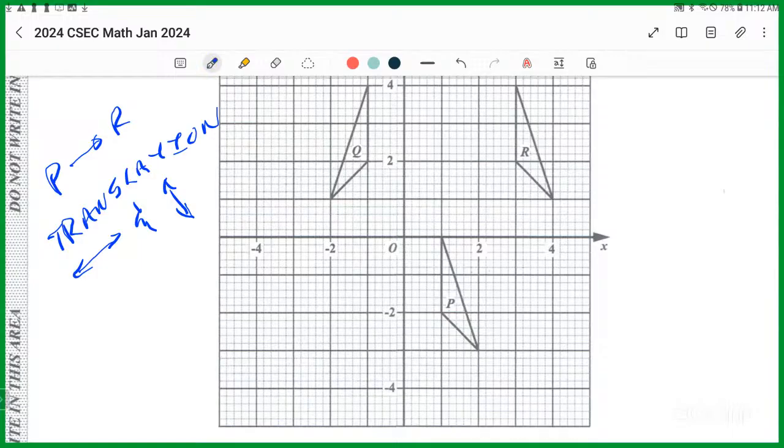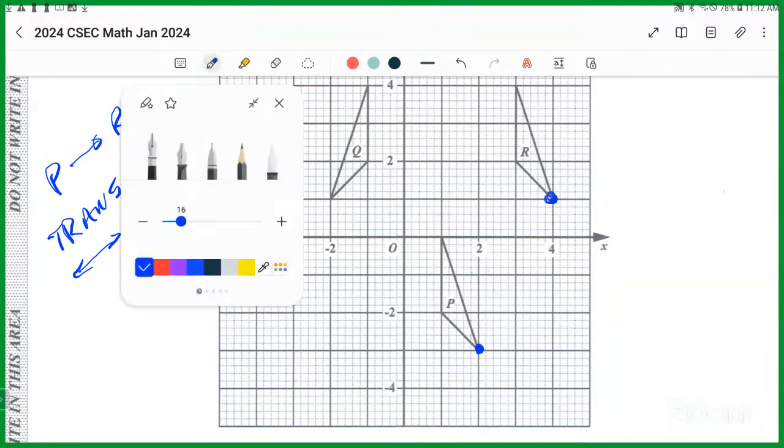And what you can do is use 1 point. Don't try to count it off. Use 1 point. So for example, I'm using this point. I'm going to look how many units to the right this one moved, and it is moving to here. That's the corresponding point. So I'm going to count how many units left or right. In this case, it is to the right. Let me use a red ink to show the movement.